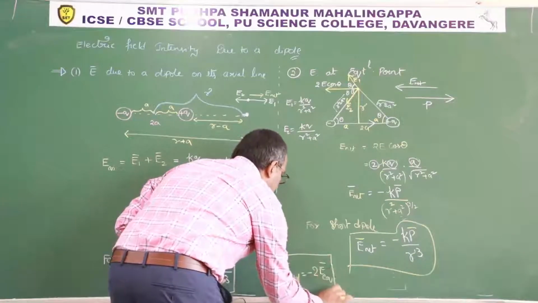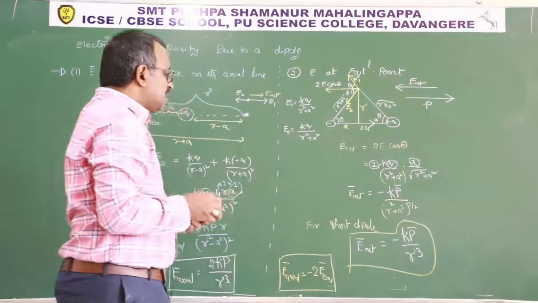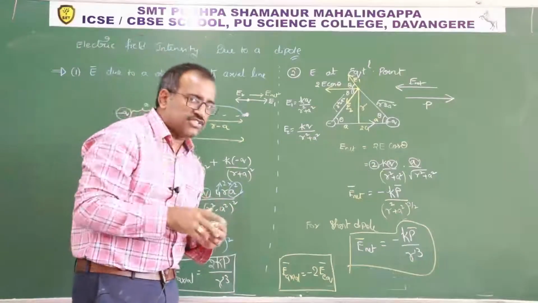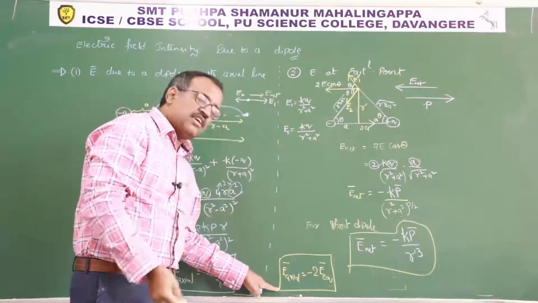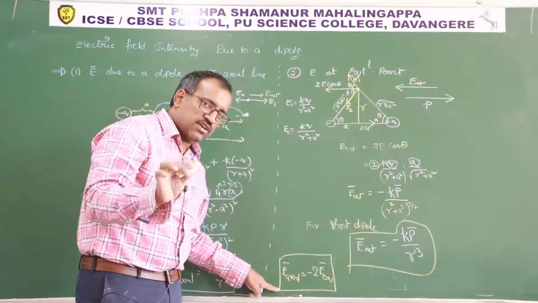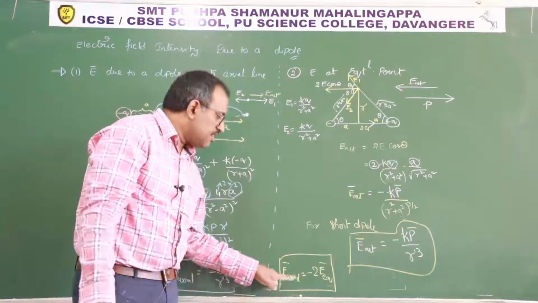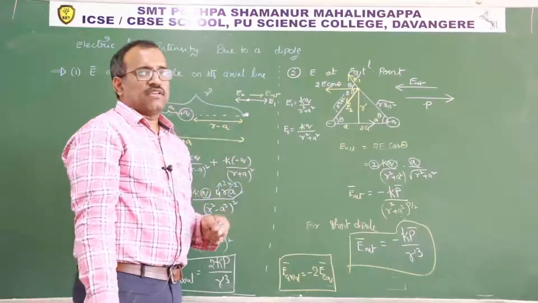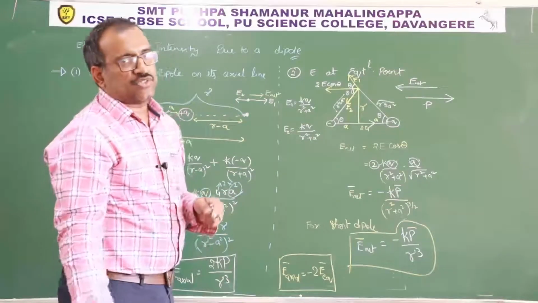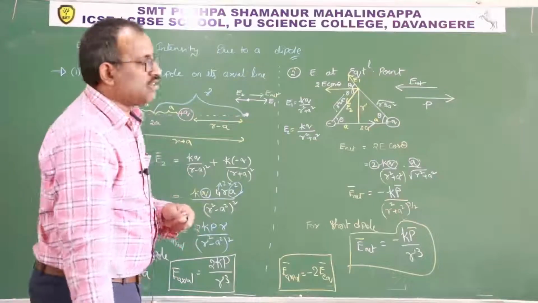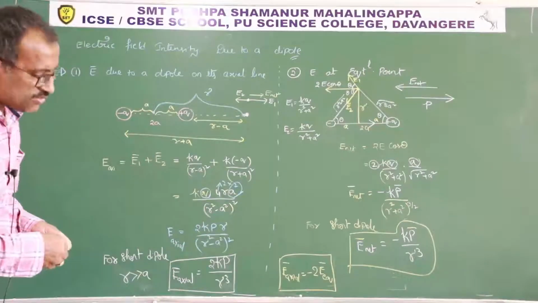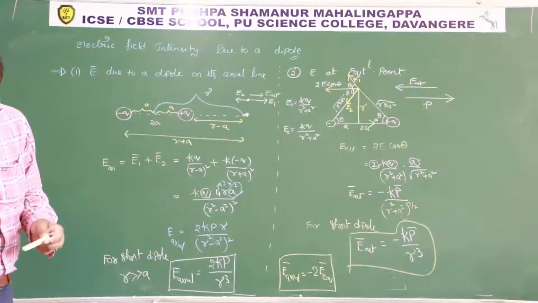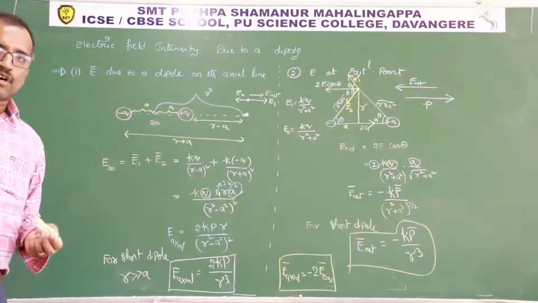If they are asking for the ratio of field intensities vectorially, E axial by E equatorial, then the answer is minus 2. If they are asking just magnitudes, the answer will be 2. So that's all. Please revise, go through this once again. Then we will keep on moving into the problems.